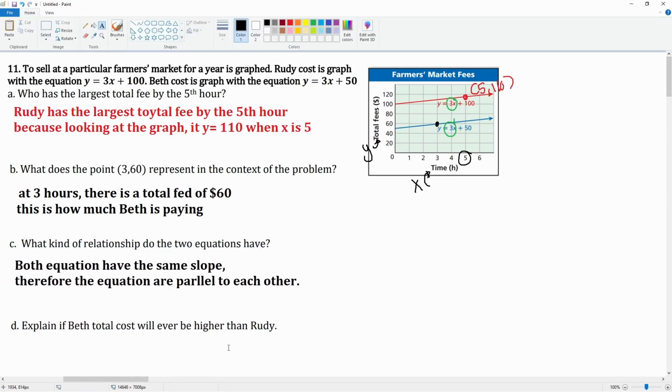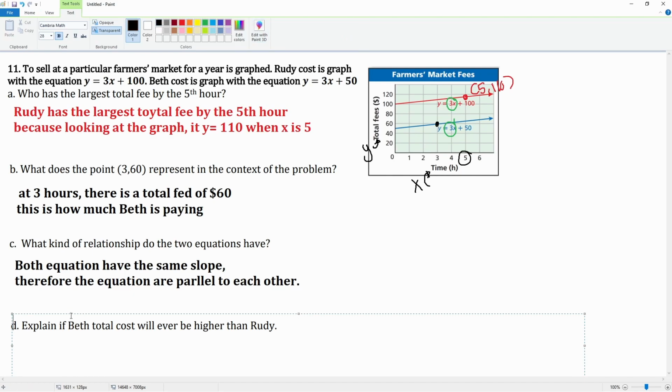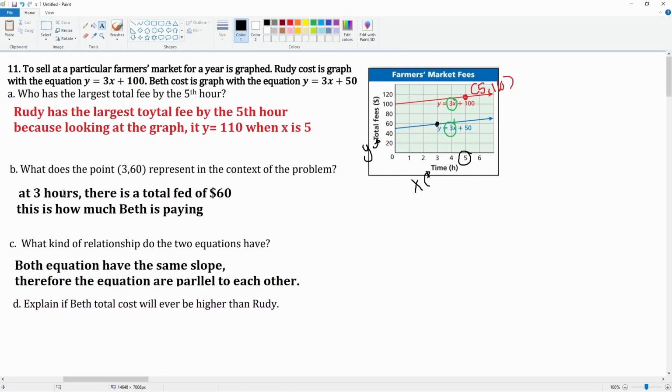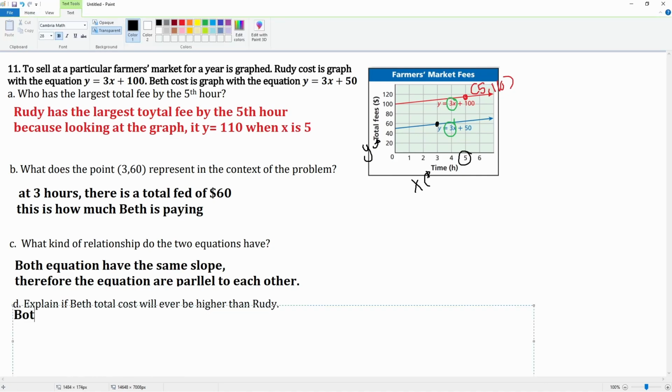Okay, now you want to explain if Beth's total cost will be higher than Rudy's. All right, so here we will look at this and see that if we take a look at the graph, we can say that both Beth and Rudy have the same slope.